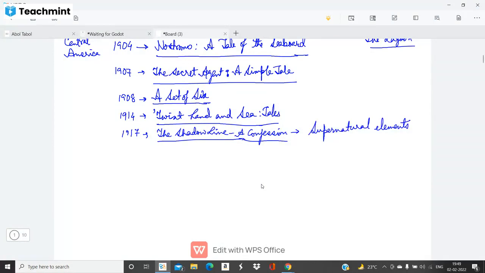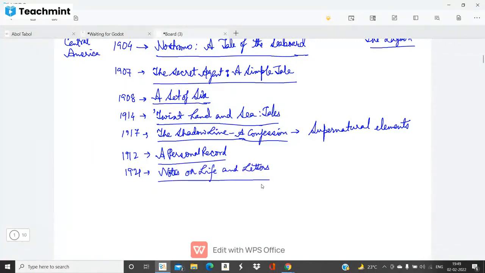In 1912, earlier, he wrote A Personal Record, which has certain autobiographical elements. And in 1921, once again, this autobiographical element returned in Notes on Life and Letters. These two have very strong autobiographical elements.